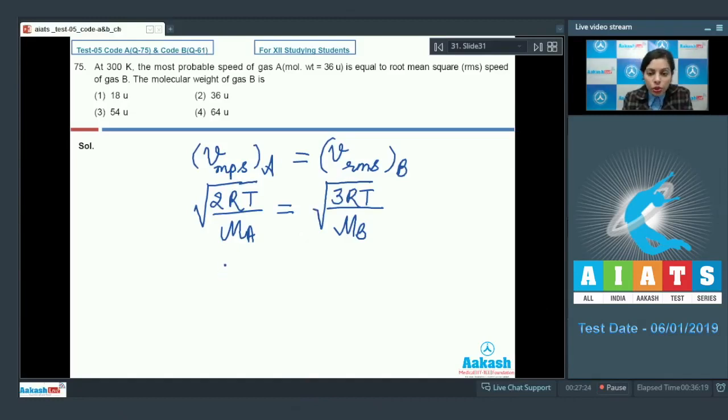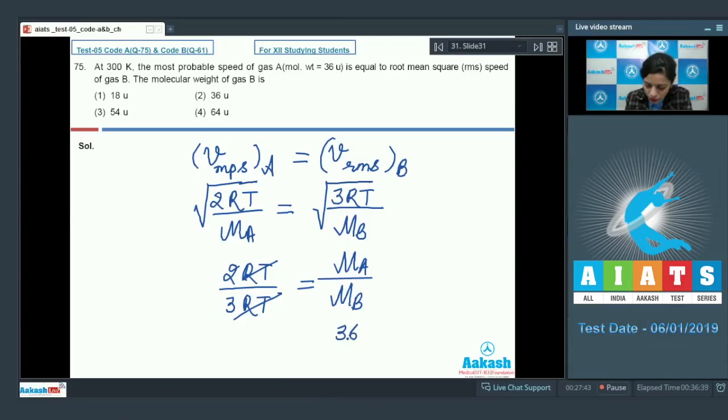Now let's compare these two. We can write MA by MB is equal to 2RT by 3RT. So simply we can write MA by MB is 2 by 3. We have the molecular weight of A, that is 36, by MB is equal to 2 by 3.